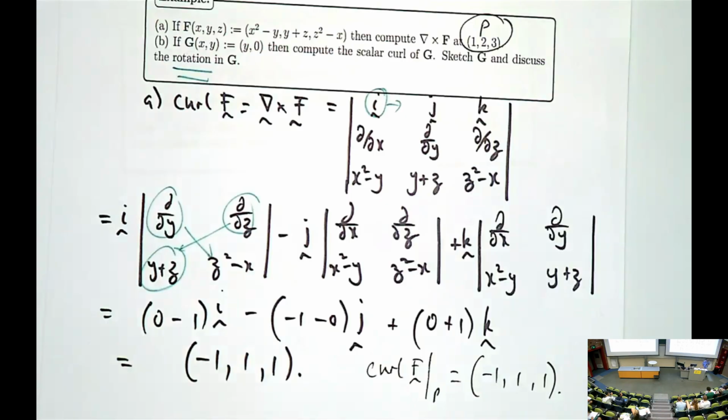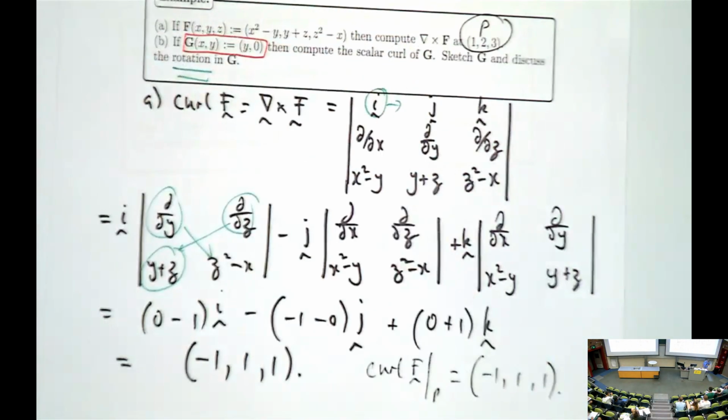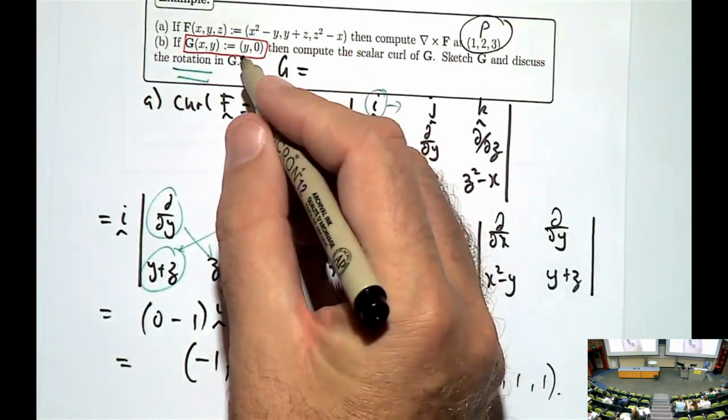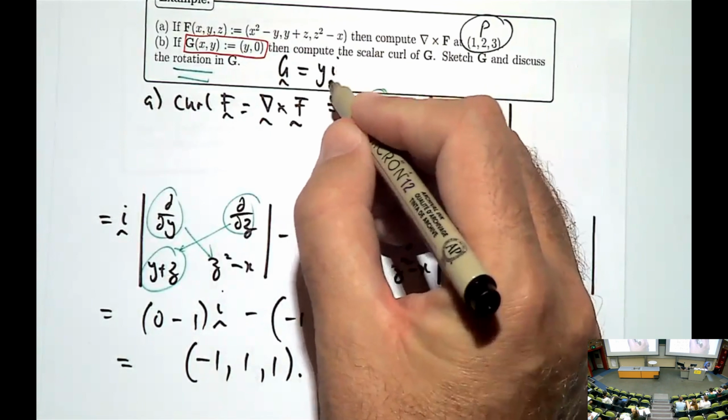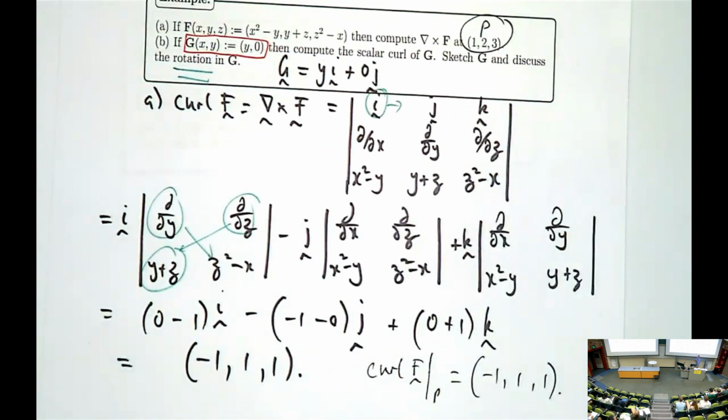All right, so here is our vector field G. In this case, G is y i plus 0 j. And I'm again only in 2 dimensions to keep things simple. Okay? So let's try to draw it and see what happens. At least draw it very simply.